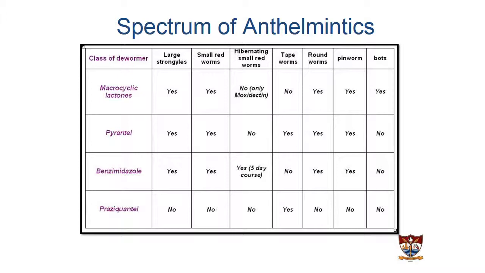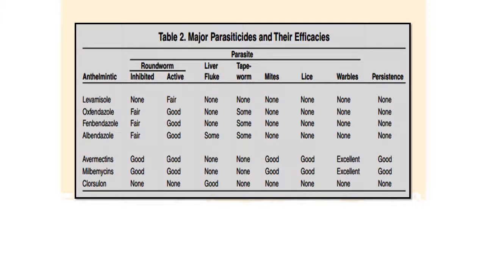Now review the effectiveness of each class of drug on different parasite groups. Note: one drug is not effective for all parasites. Here's another table of major parasiticides and their respective efficacies for treating different parasite groups.